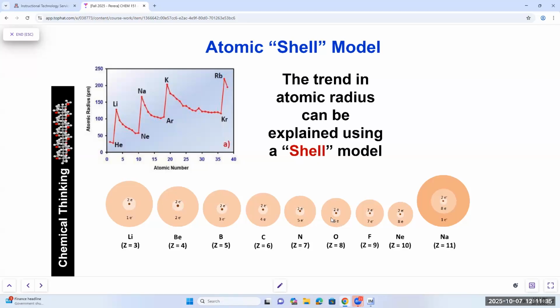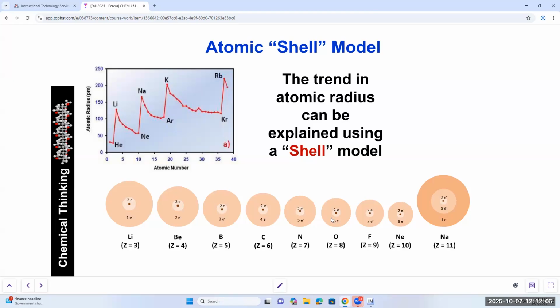Fluorine is smaller than oxygen. If somebody twisted your arm and asked you to explain this, what would you do? You need to mention two things. The electrons are filled to the second shell in both cases. In oxygen and fluorine, electrons are filled to the same shell. However, fluorine has more protons in its nucleus, meaning you have stronger attraction towards the electrons by the fluorine nucleus.